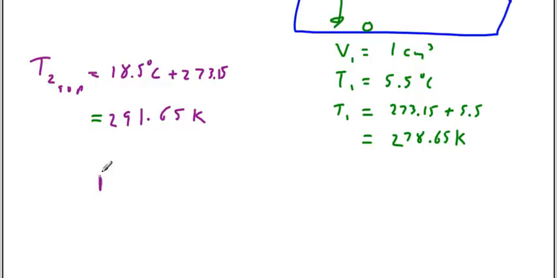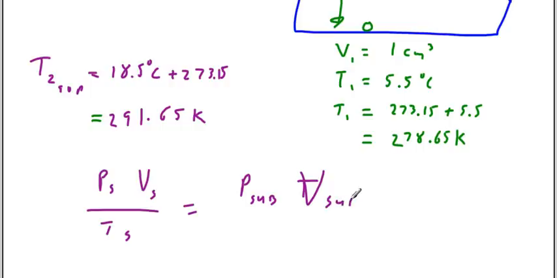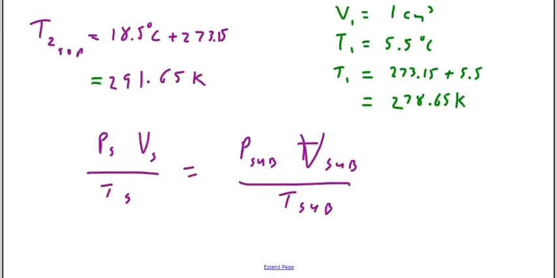So the pressure on the surface times the volume on the surface, divided by the temperature on the surface, has to equal the pressure submerged times the volume submerged, divided by the temperature submerged. All right, now, do we know all these things? Pressure on the surface, yeah, we know that. But we don't know the volume on the surface. Okay, so I'm going to solve for volume on the surface.